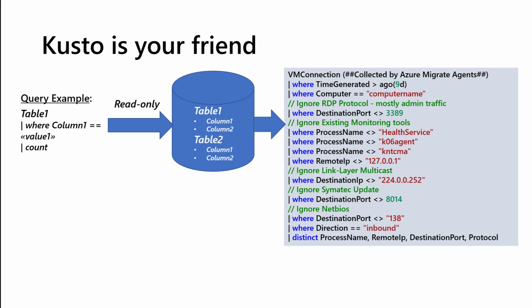And then I can get a list of which process is running on this VM, and what kind of remote IP and destination the VM or the process is communicating with. So that I need to make sure that when I create my foundation, I have firewall rules in place to allow this specific traffic, or if I want to notify any third parties about new IP addresses that will be used to communicate with that specific IP address.